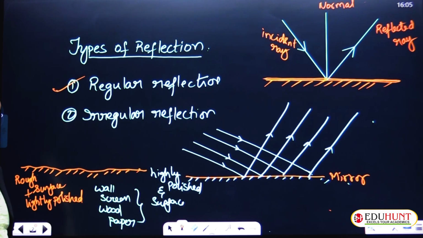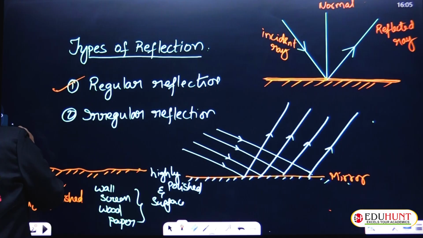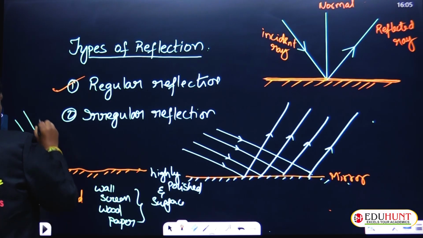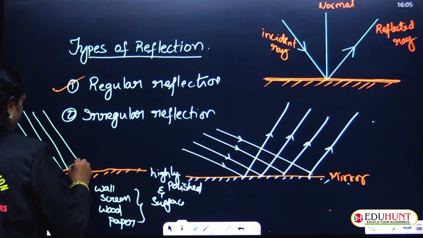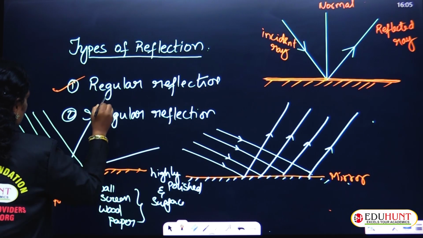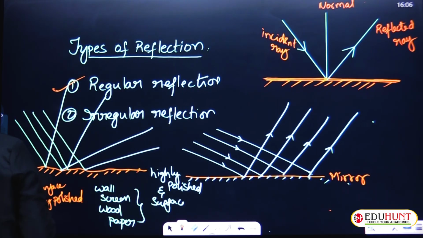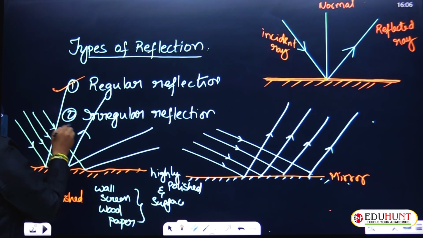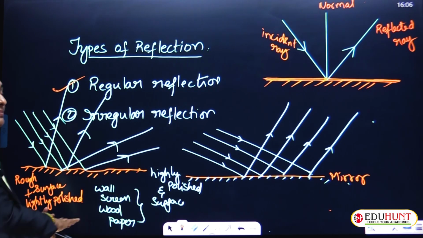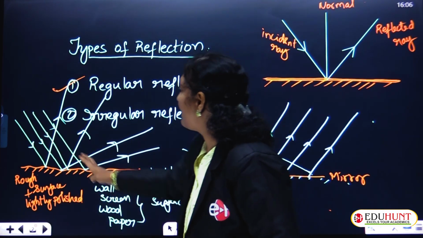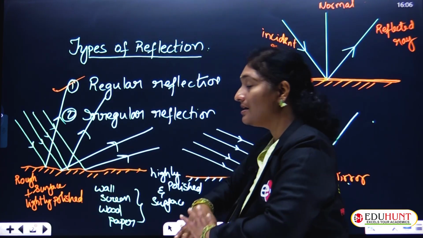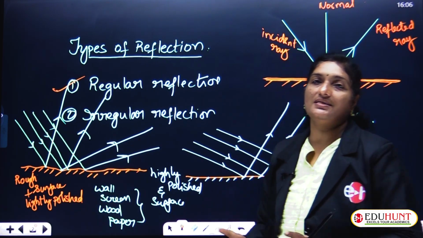If you observe these types of surfaces, the light beam falling on them is reflected back in an uneven manner. One light ray travels in this direction, another in another direction, and one more in a different direction. So the reflection is taking place in multiple directions.